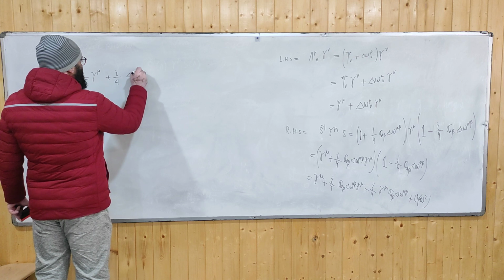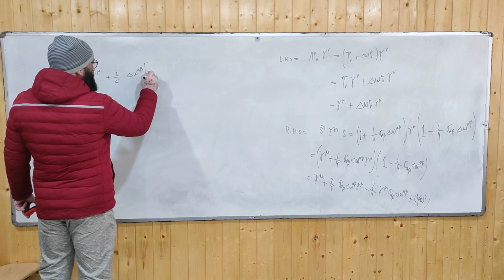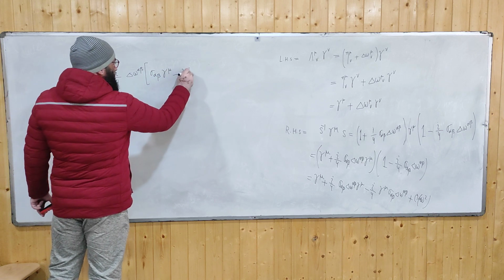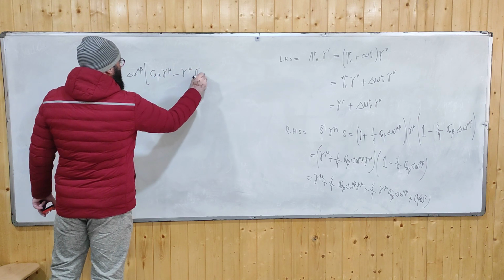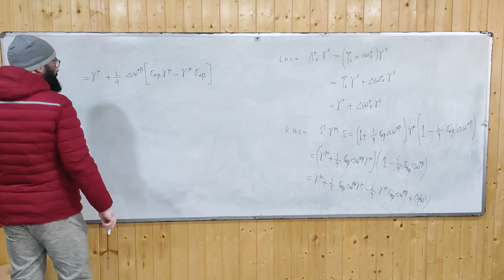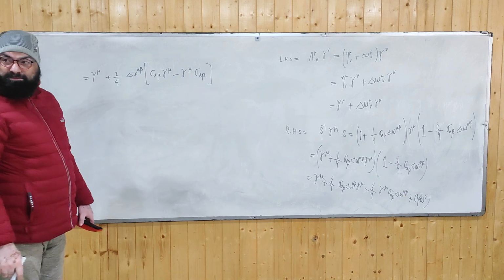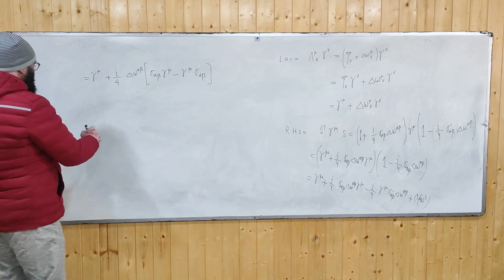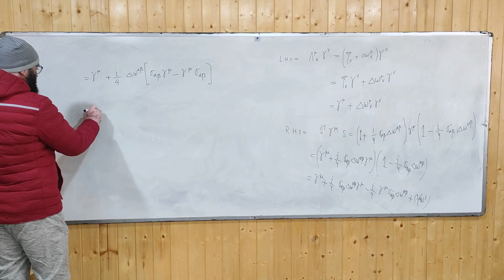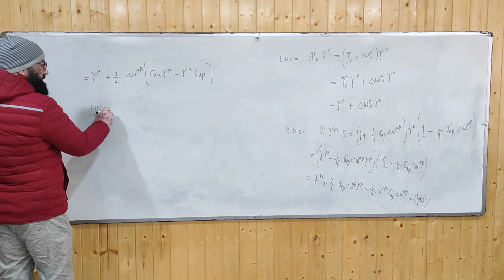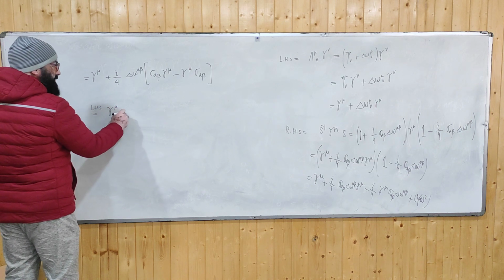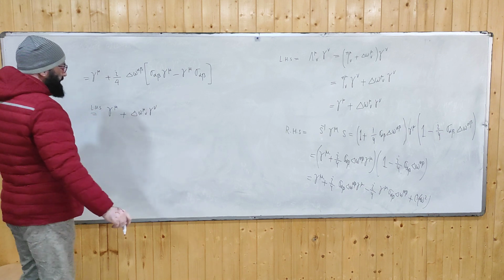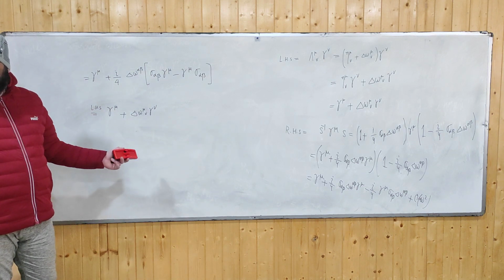So let me write. So you are having sigma alpha beta gamma mu minus gamma mu sigma alpha beta. Okay, so now this has to be equal to the LHS. So what is that? Gamma mu plus delta omega mu nu gamma nu. Clear?